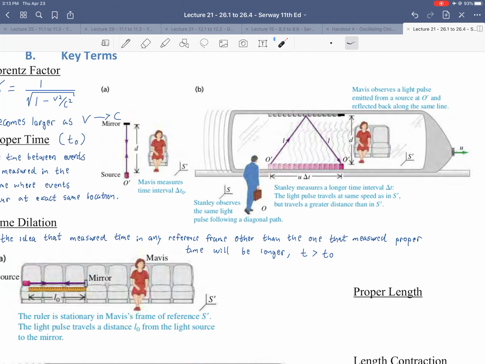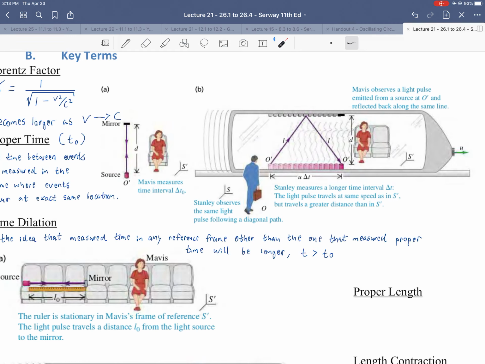So the only way for them to both agree that the speed of light is universal, which of course has to be based on Einstein's first and second postulates, that the laws of physics are universal, regardless of your reference frame. So if they agree that the speed of light was c, then the only way for that to be true is for more time to have passed in Stanley's reference frame.